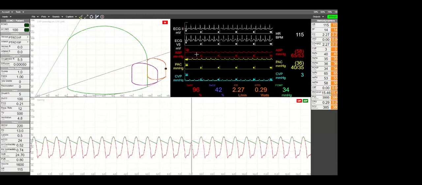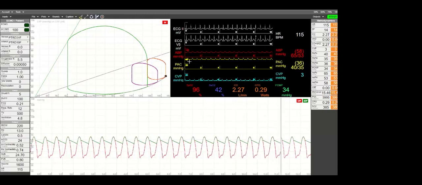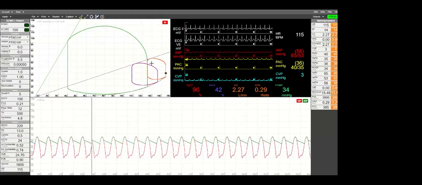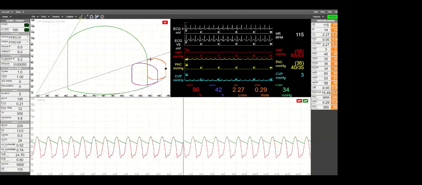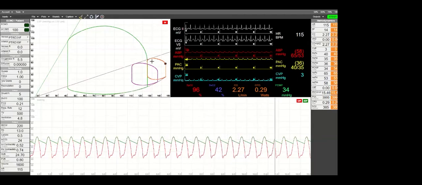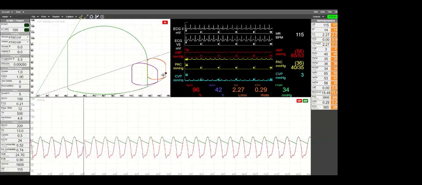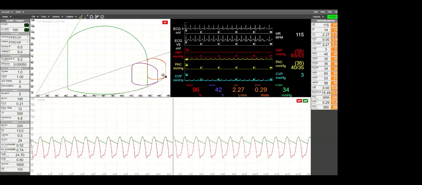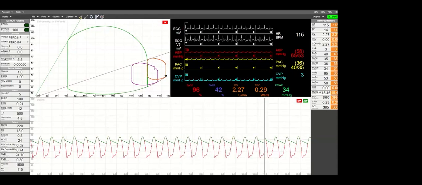So that neurohormonal response maybe increases our blood pressure a little bit, but the big point I want to make here with that neurohormonal response is that, again, it's increasing afterload. And in this orange loop now, we see the afterload sensitivity becoming apparent because we're moving up and to the right, so we're becoming more loaded as that left ventricle is less able to eject the blood out against that greater afterload pressure, or that greater afterload resistance.